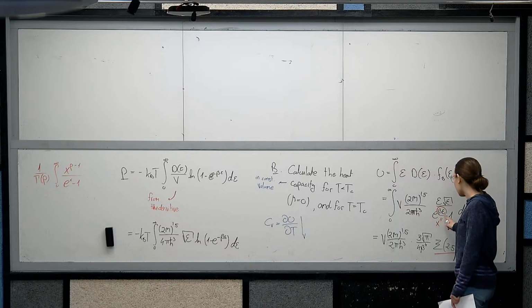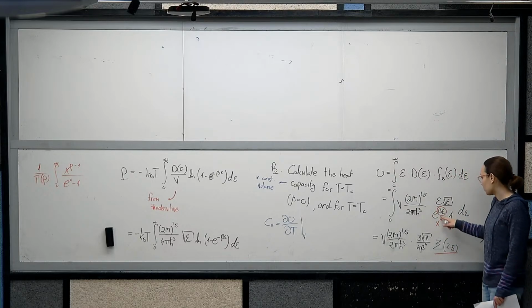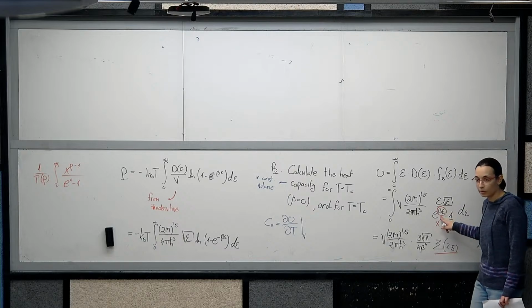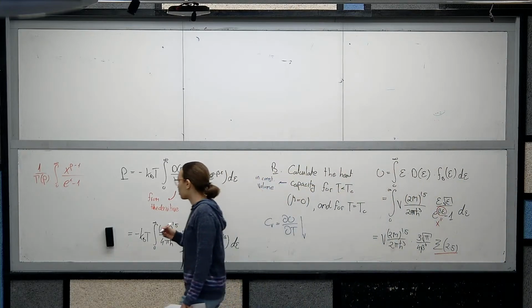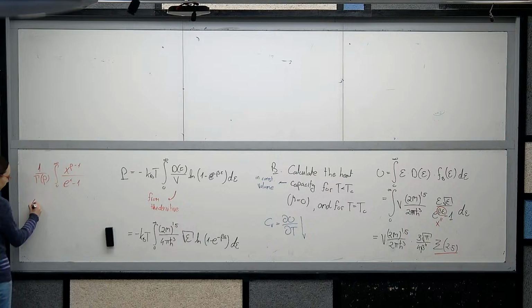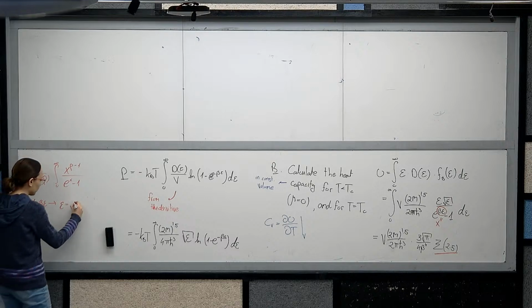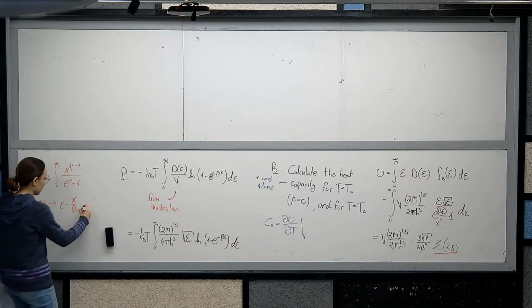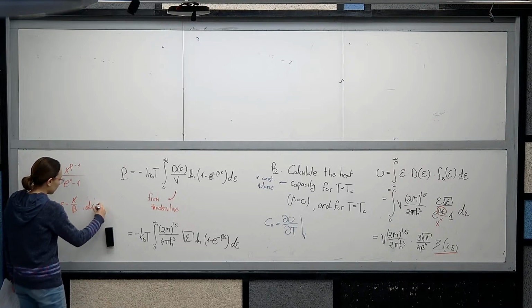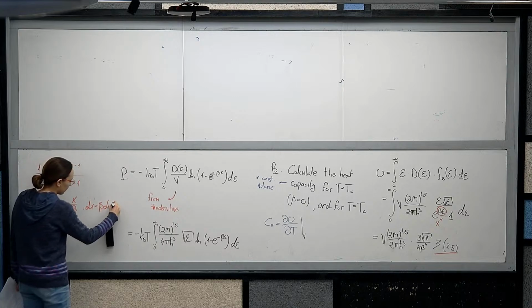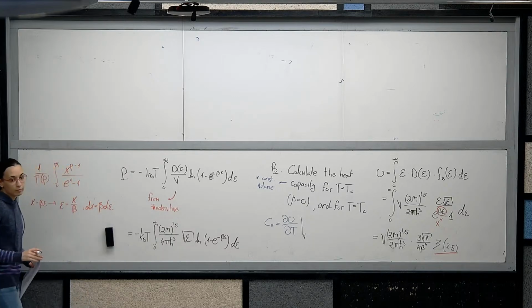So we're doing a change of variables and saying, okay, x will be equal to beta epsilon. So epsilon will be equal to x divided by beta, and dx will be equal to beta d epsilon.